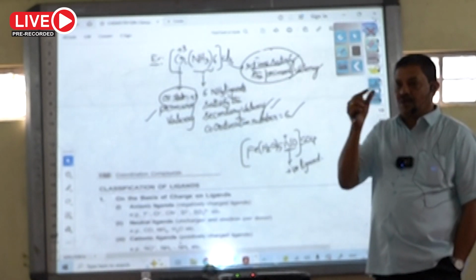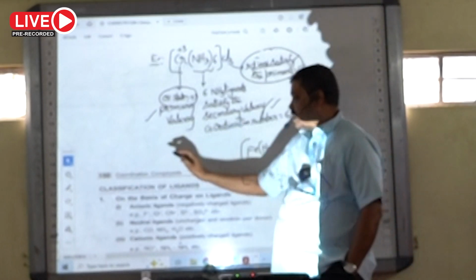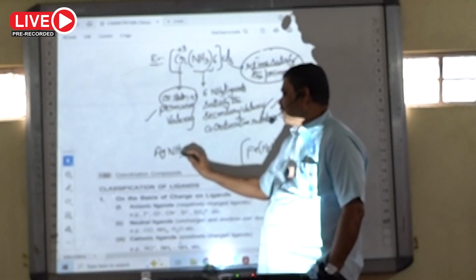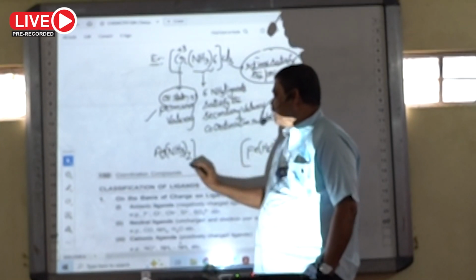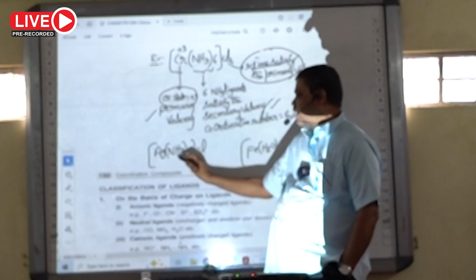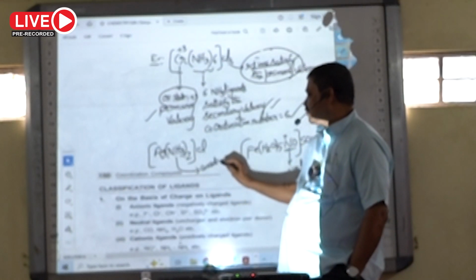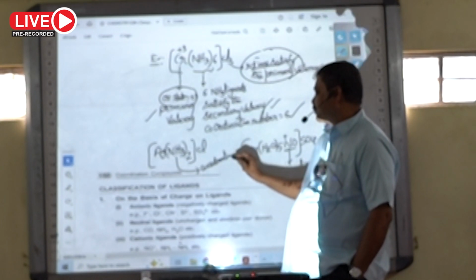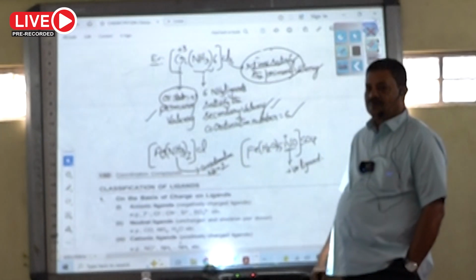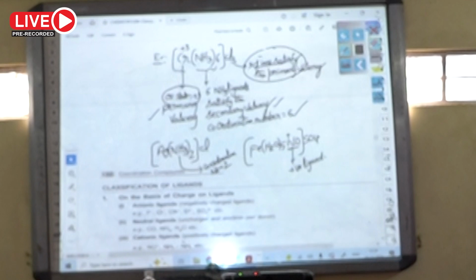We have given that if the coordination number is 2, the complex is linear. For example, [Ag(NH3)2]Cl. Here there are two ligands, so the coordination number is 2.